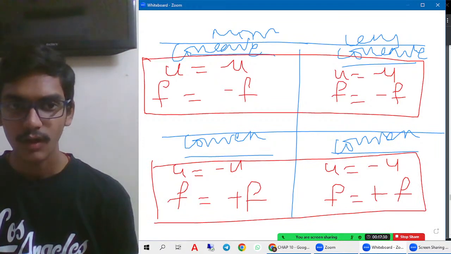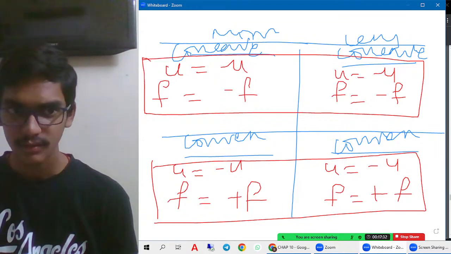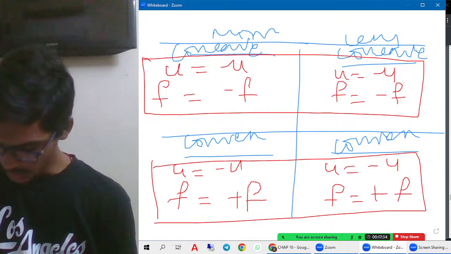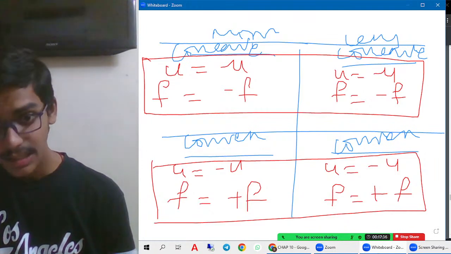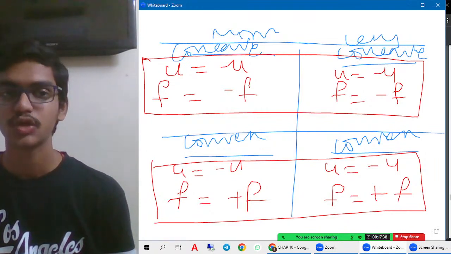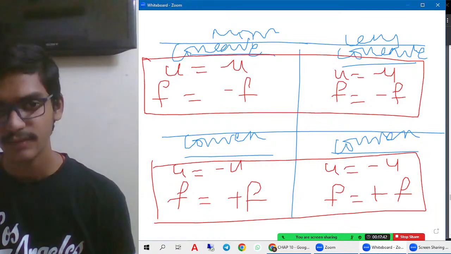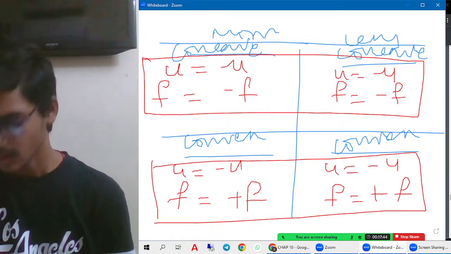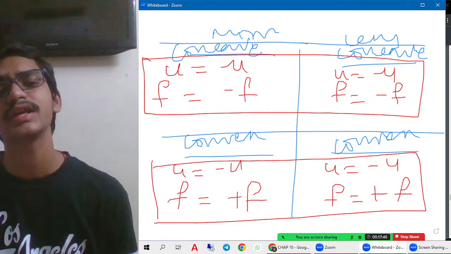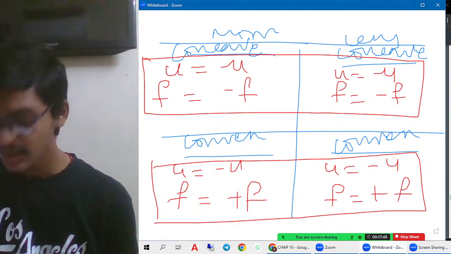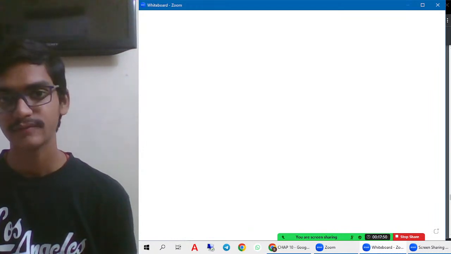The concave mirror and concave lens have the same signs, and the convex lens and convex mirror are both the same. u will always be negative. The focal length is the only one that changes in all the cases. This is a very, very important thing that you have to remember. With this only you are able to solve all the important questions as well.